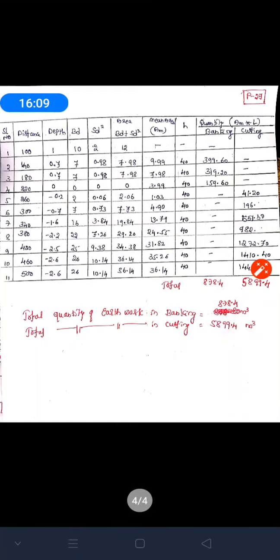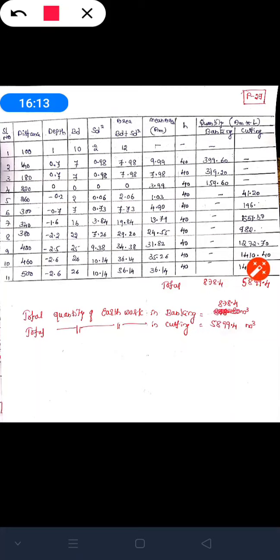Okay? So starting, next chainage 140, depth is 0.4, then 0.7. 0.7 into 10, what we got is 7. Then side slope: s d squared is 2 into 0.7 squared, which is 0.98. After adding 0.7 plus 0.98, I got 7.98.